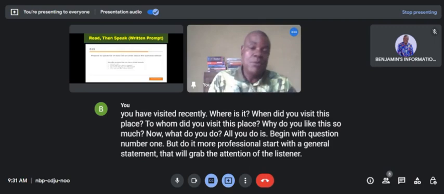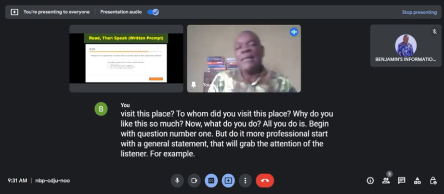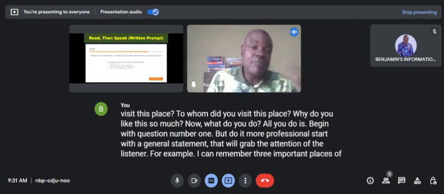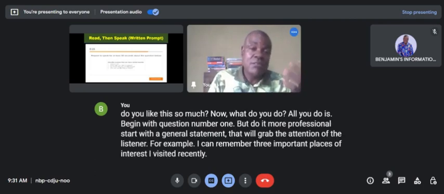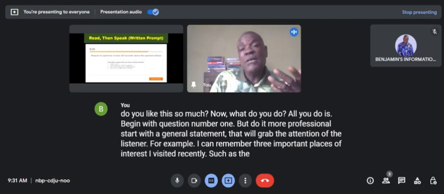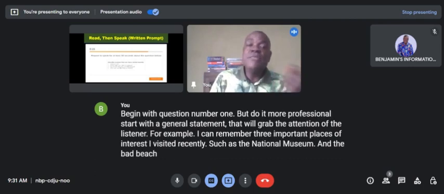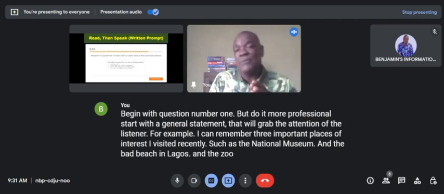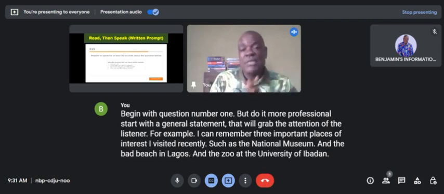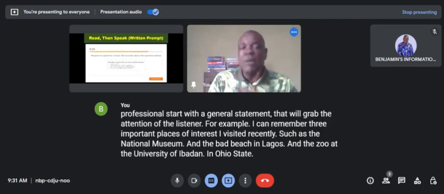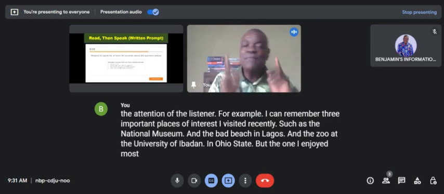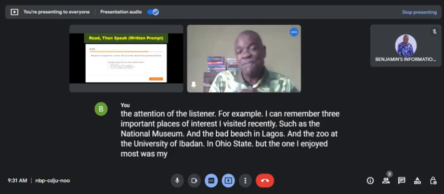For example, I can remember three important places of interest I visited recently, such as the National Museum and the Bar Beach in Lagos and the zoo at the University of Ibadan in Oyo State. But the one I enjoyed most was my visit to the Bar Beach.